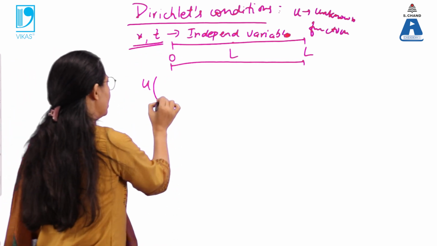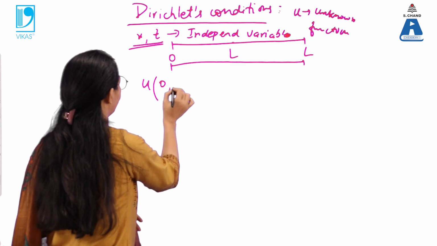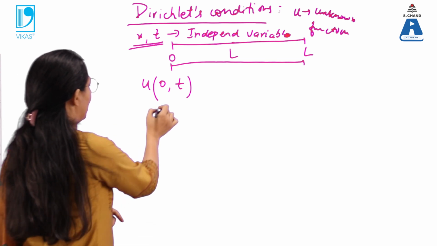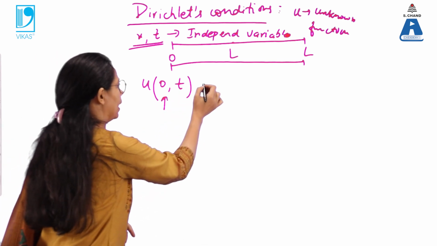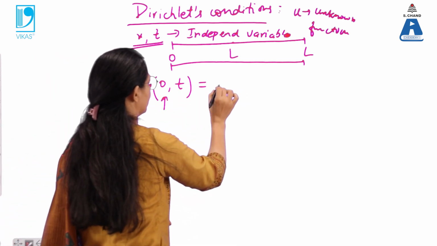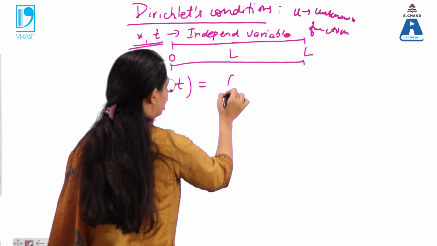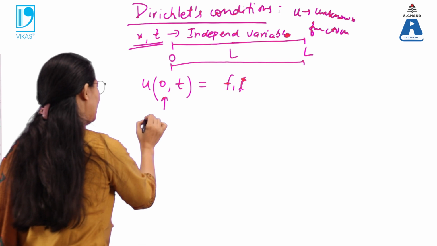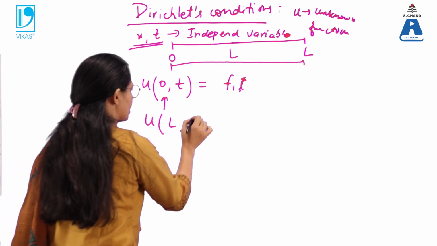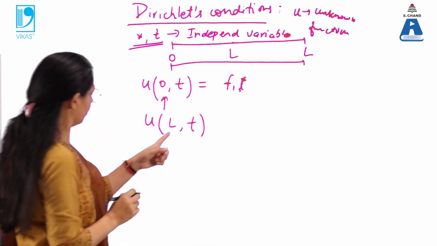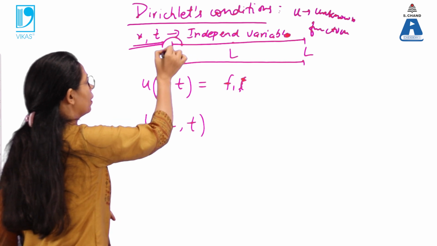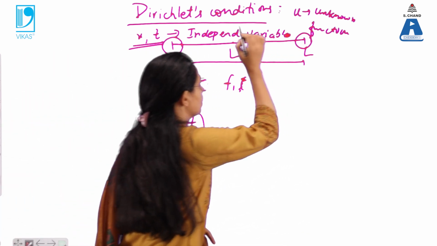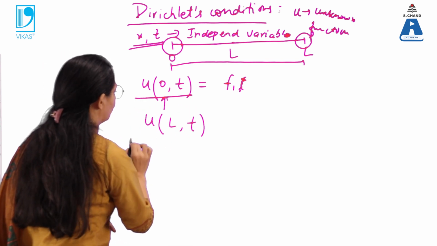So if the value of this unknown function at x equals 0 and at any point of time is given as some function f1, and then the second condition is given at this end L. So one condition is given at this point and another at this point for the unknown function.